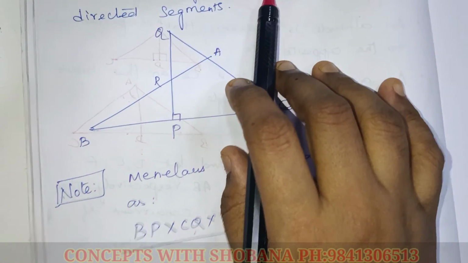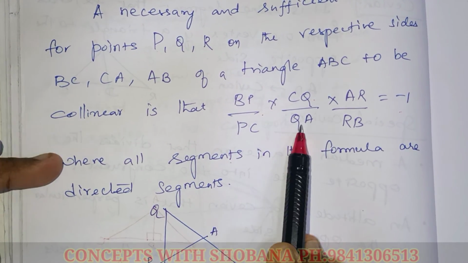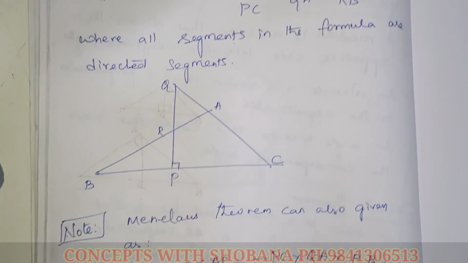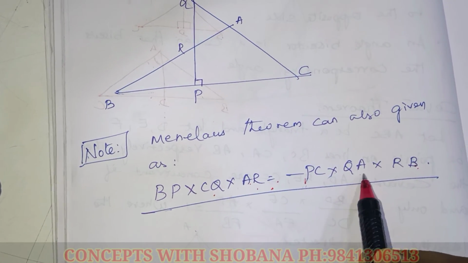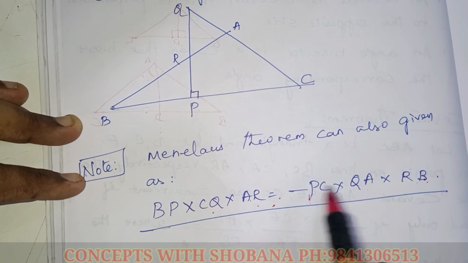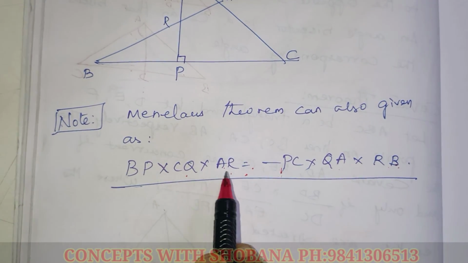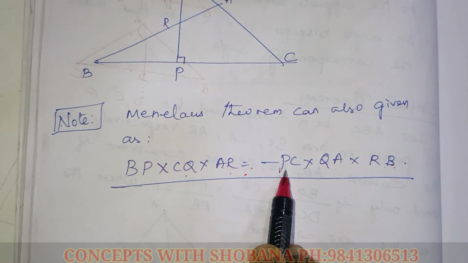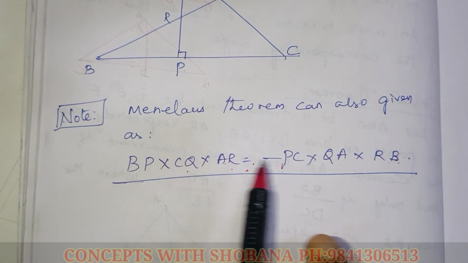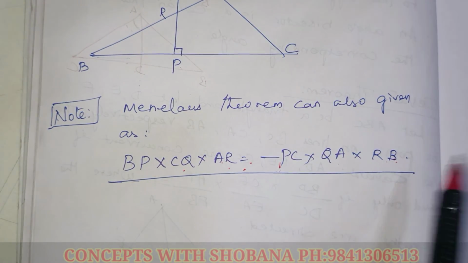The denominators are in our statement, PC into QA into RB. When we cross multiply, we bring them over, giving minus PC into QA into RB. The minus sign can be put on either the left hand side or the right hand side. So BP into CQ into AR is equal to minus PC into QA into RB. Depending upon the sum we can use this statement.